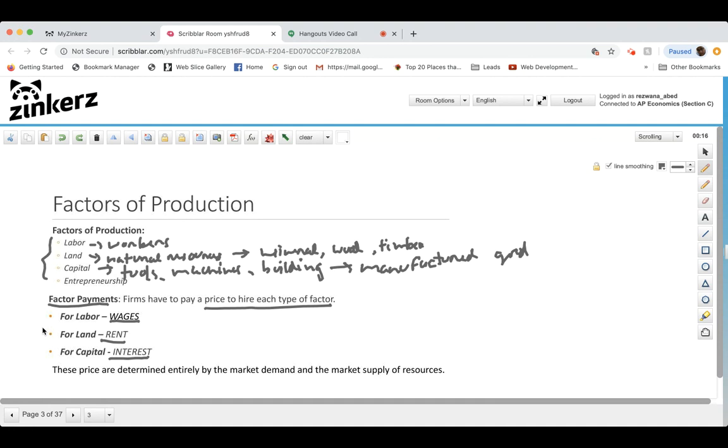Okay, and these factor prices are determined by the market demand and the market supply of resources, just like in the product market. Price and quantity, so supply and demand, these two forces, where they intersect with each other, this is where the equilibrium price and the equilibrium quantity are determined.